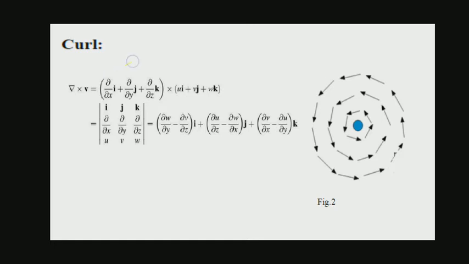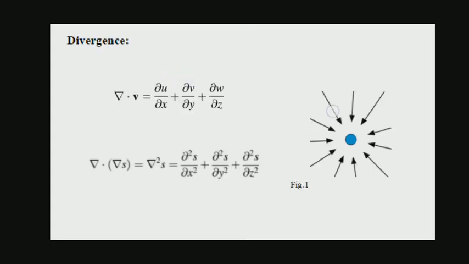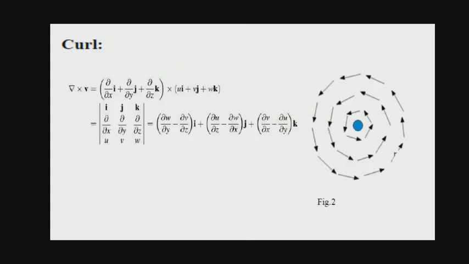So, del divided by del x into i plus del divided by del y into j plus del divided by del z into k, cross product ui plus vj plus wk. So, the determinant of i j k, del by del x, del by del y, del by del z, u v w.